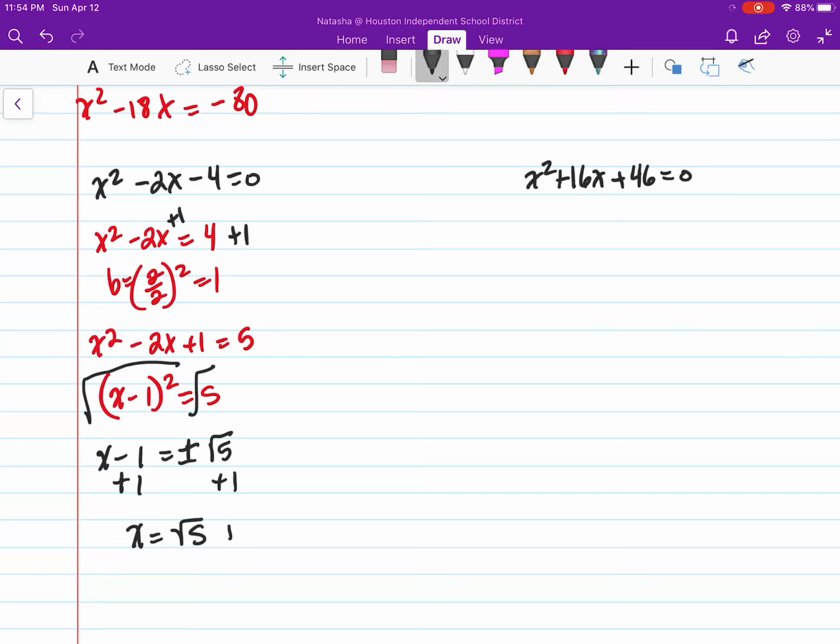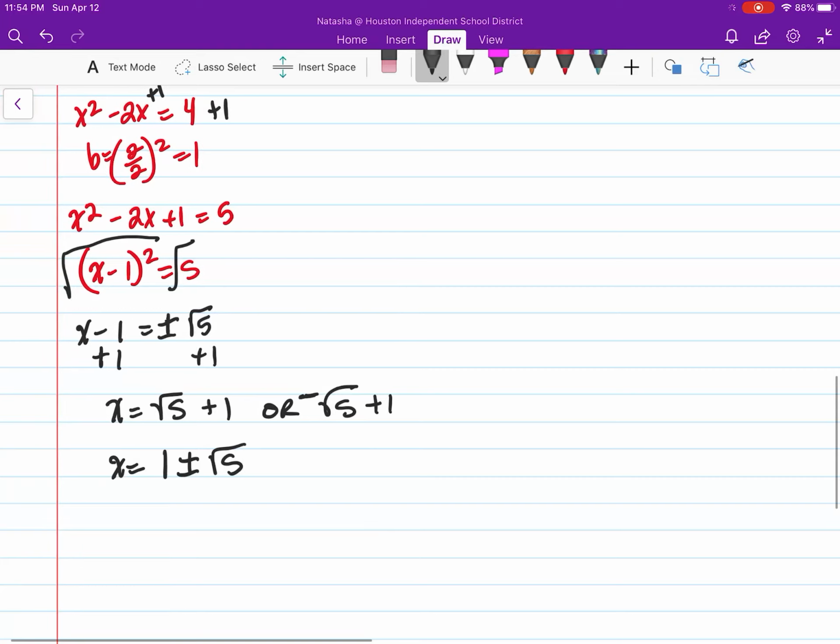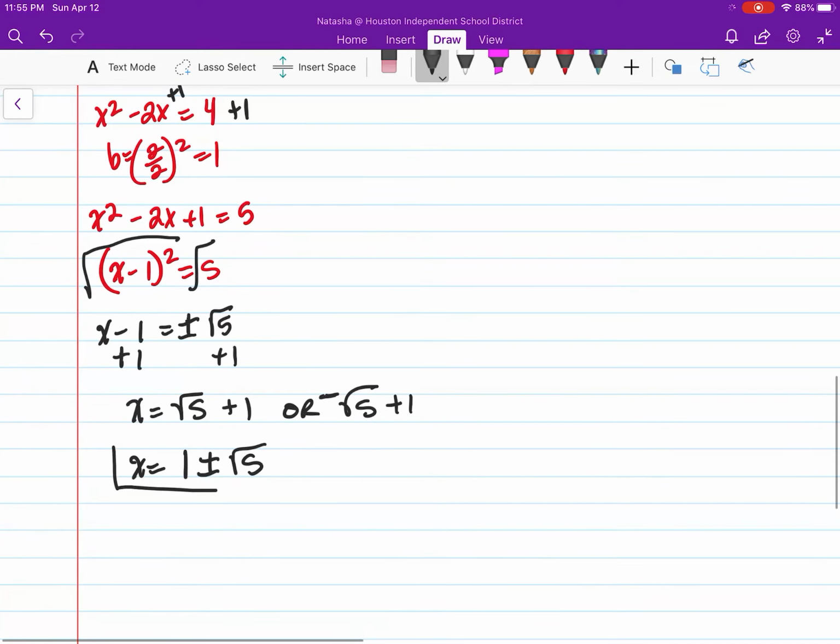I cannot combine them. So my answer is going to be x is equal to, now you can say this two ways. You can say square root of 5 plus 1, or negative square root of 5 plus 1. Now, the best way to answer that would be x is equal to 1 plus or minus the square root of 5.